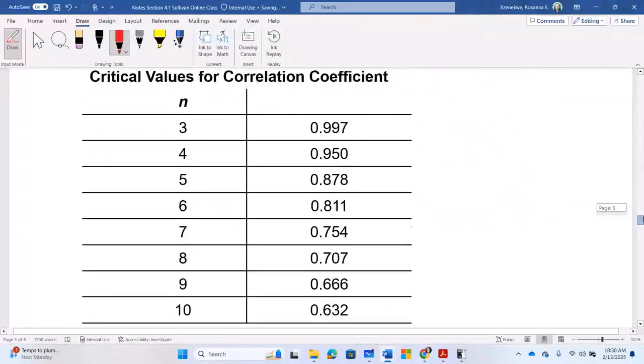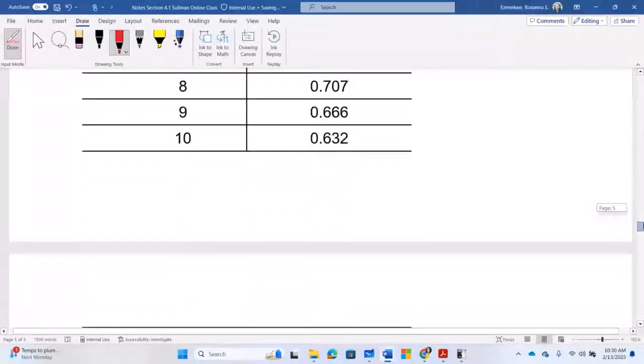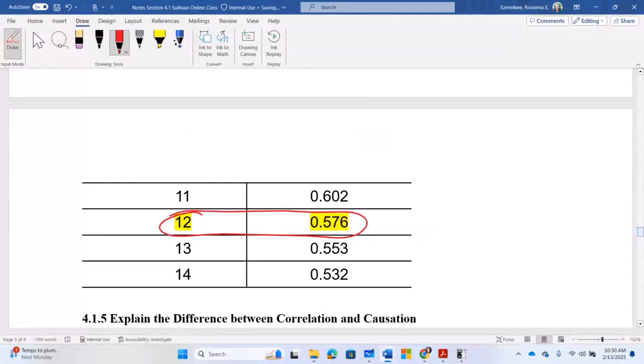So let's see this table. The sample size is 12, and our answer was 0.77. So the sample size was 12 in that. So from here, we see that 12 is equal to 0.576. Okay, and that is from the table.